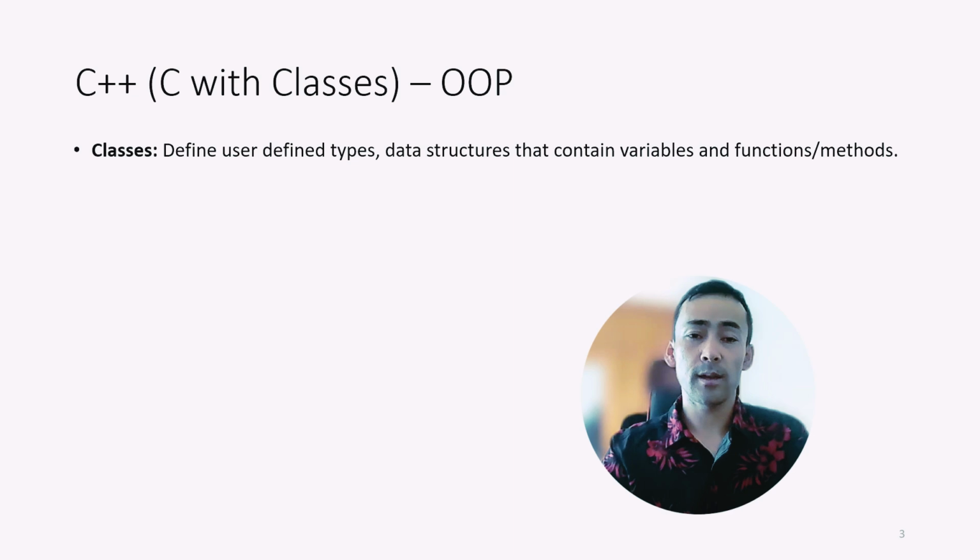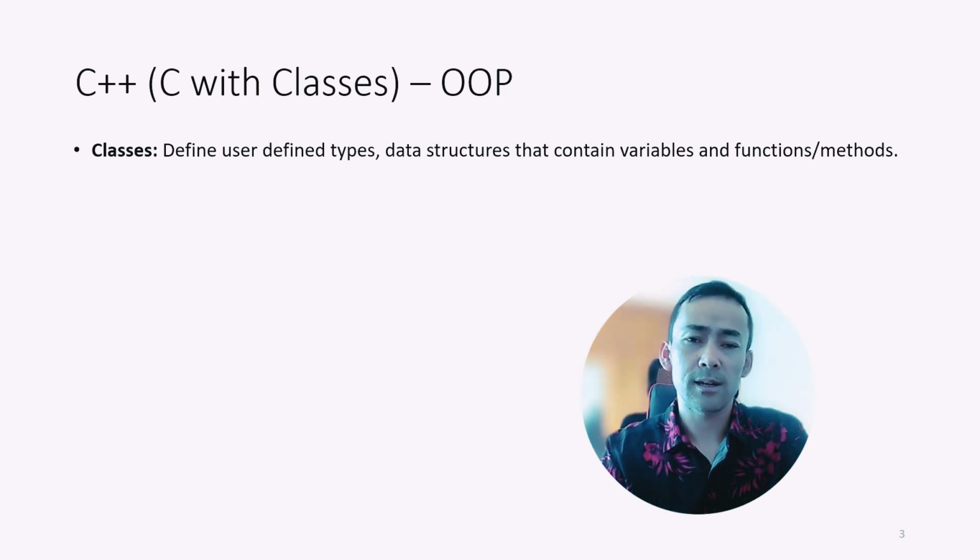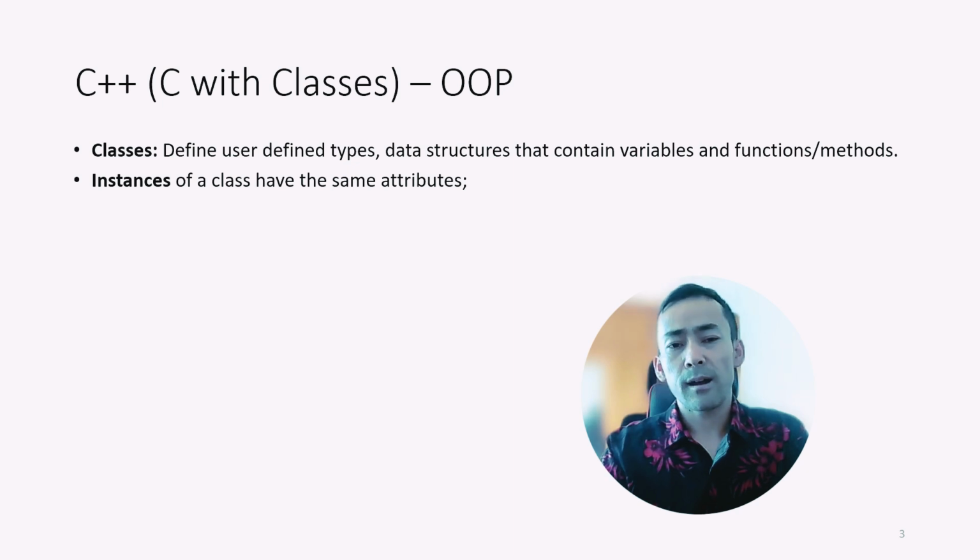We have built-in data types where we can create, for example, doubles and integers, but here we can have an instance of a class the way we want, and it defines a data structure that contains both variables and methods or functions. After we define a class, we can create instances of a class that have the same attributes.